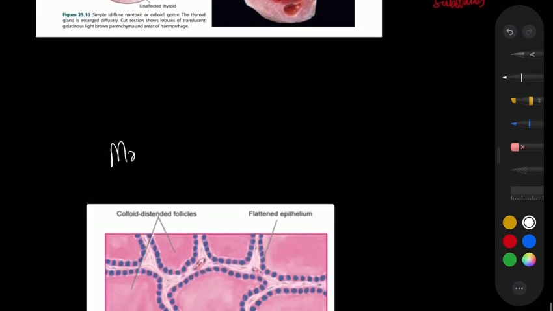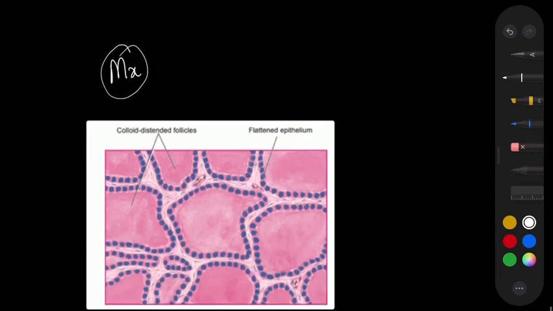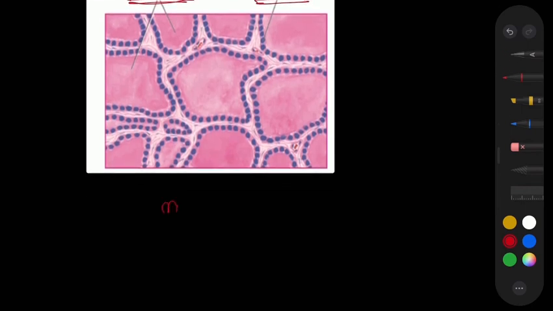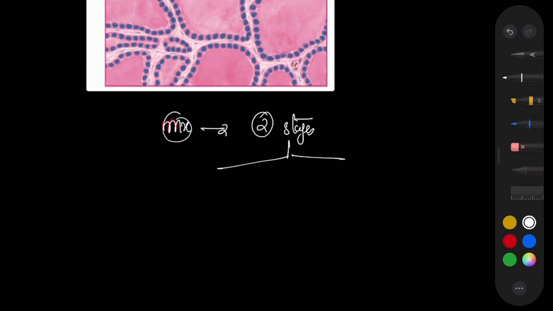Now coming to the microscopic features, we see distended colloid follicles and flattened epithelium. Also, microscopy for your simple or colloid goiter has two stages. The first stage being your hyperplastic stage, and the second stage being your involution stage.